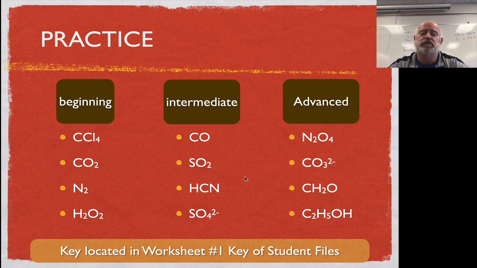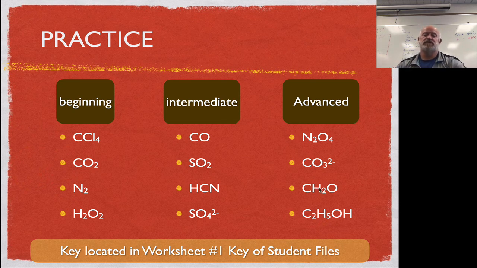The other things you might start to notice is some of these more advanced ones get to be longer and bigger, okay? When you start to see that, especially when you have carbons and hydrogens in organic molecules, or these are called hydrocarbons, you want to draw them the way that you see them written, okay? And remembering that hydrogen is always on the outside, okay?